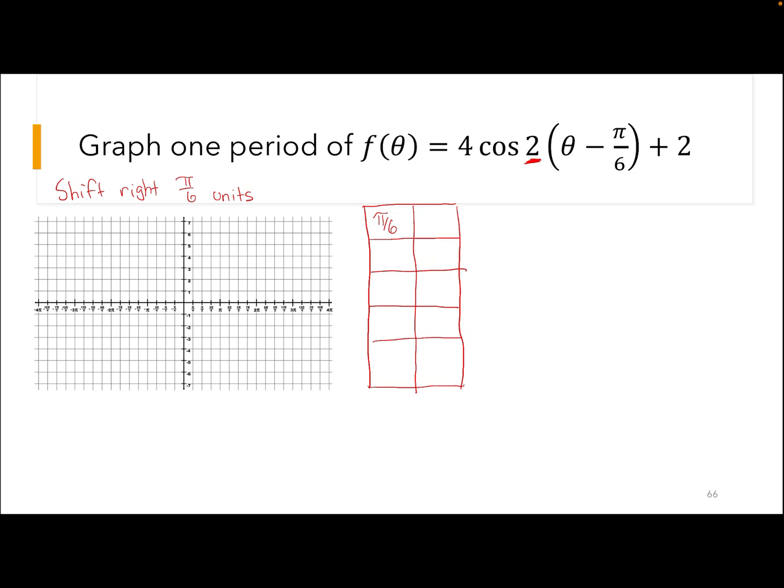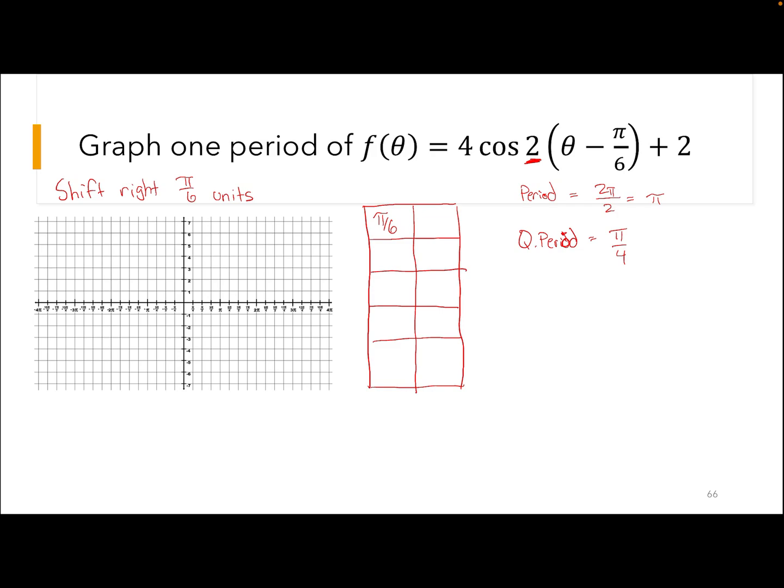So next we need to find our new period. So the period is equal to 2 pi divided by 2, which equals pi. So our quarter period is equal to just our period, and we divide by 4.